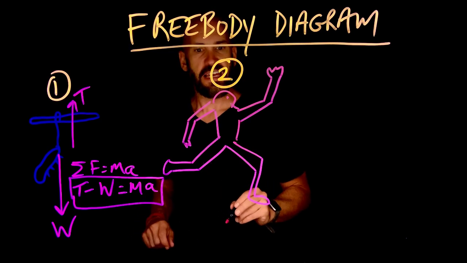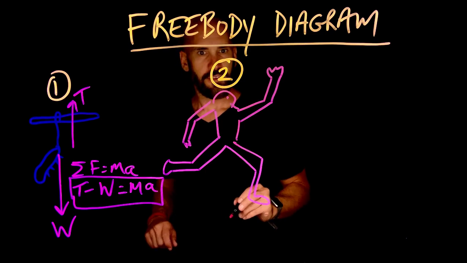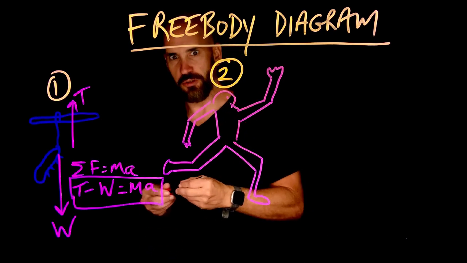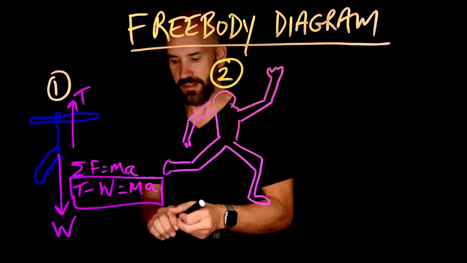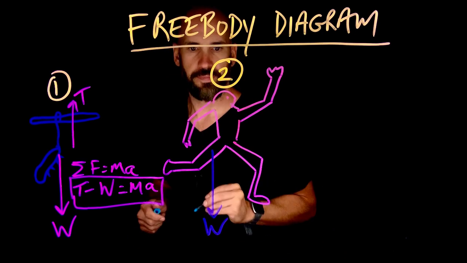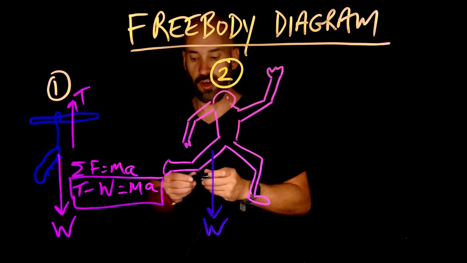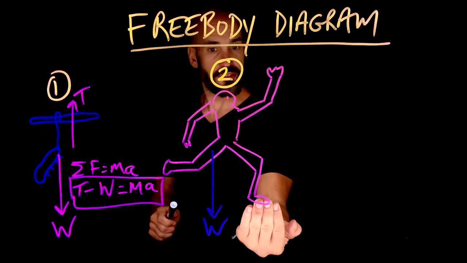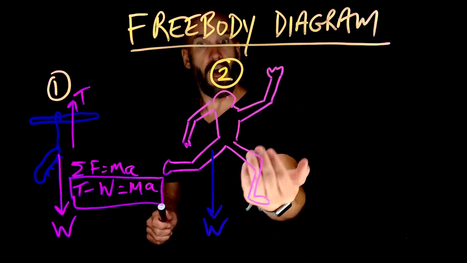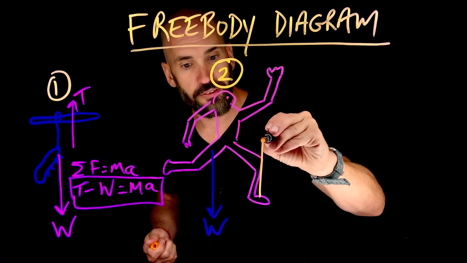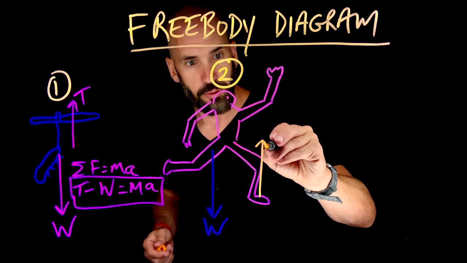Here's the deal, guys. There's a couple of forces going on here. First of all, again, the dude's got his weight, so gravity's pulling him down this way. The other thing is that if he's in contact with the surface here, the surface has to be pushing back on him up so that he's not falling through the ground. So there must also be a normal force here going upwards.